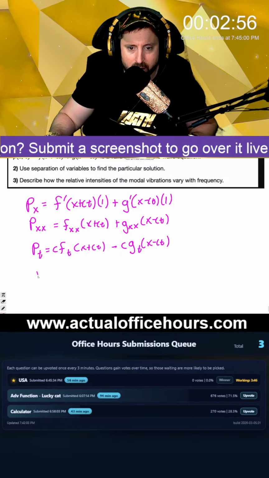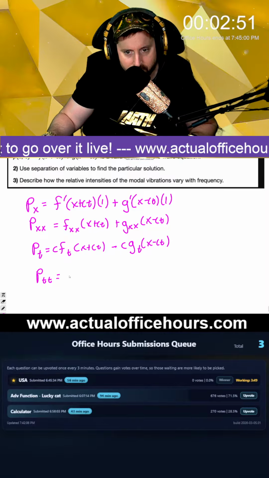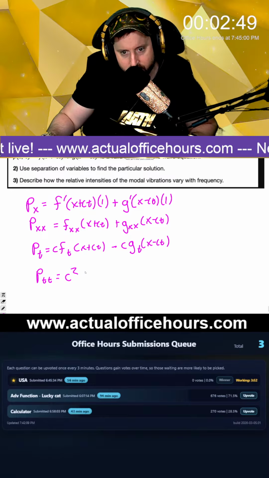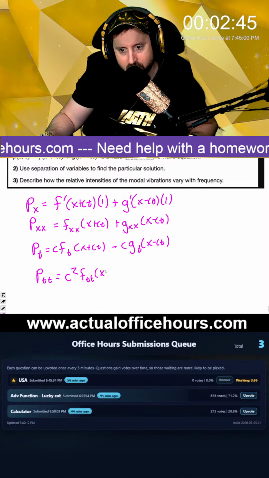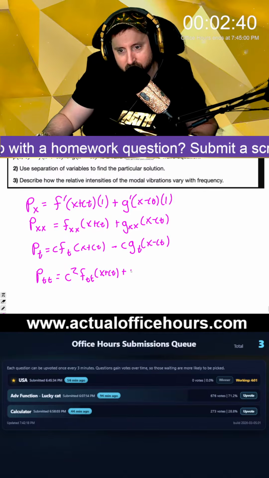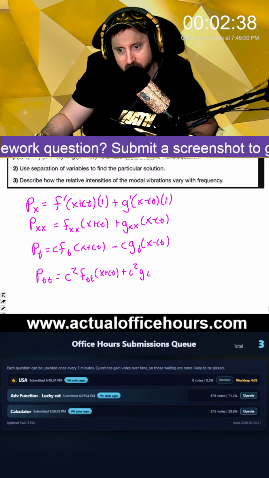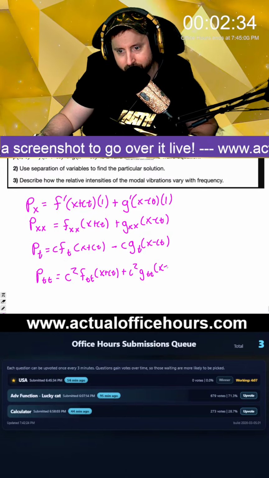So then p_tt is equal to c squared f_tt of (x plus ct), plus c squared g_tt of (x minus ct).